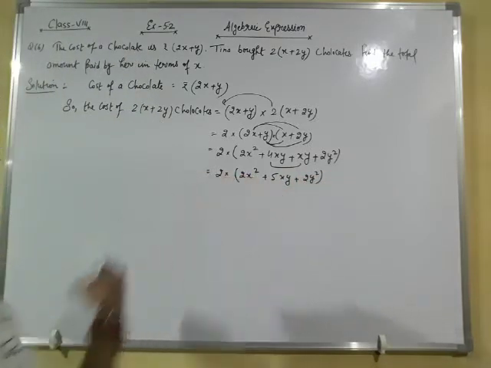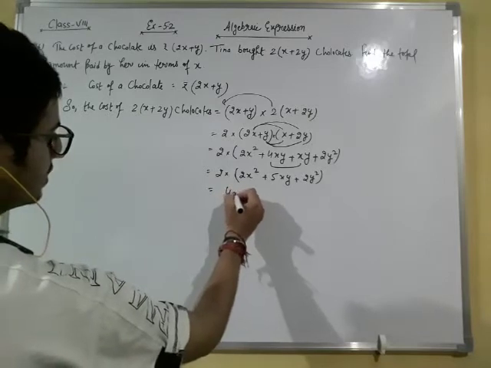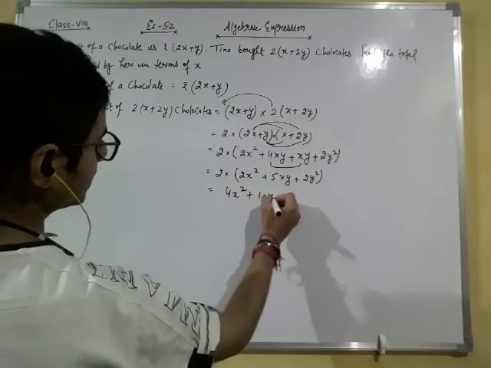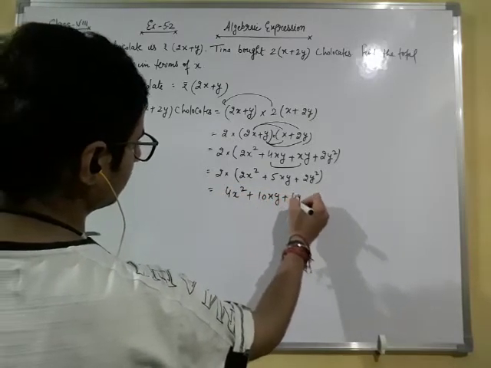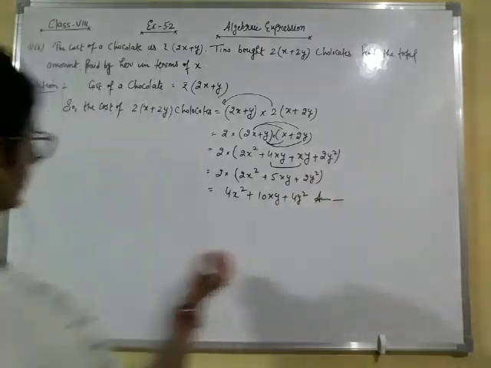The whole bracket is multiplying by 2, so 4x square plus 10xy plus 4y square. It will be our final answer.